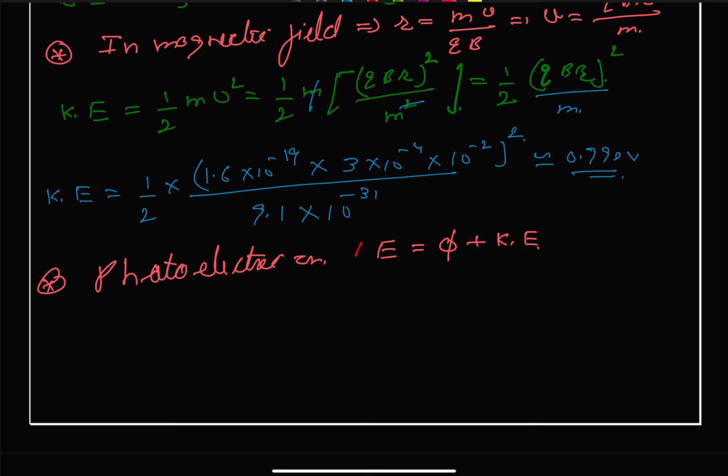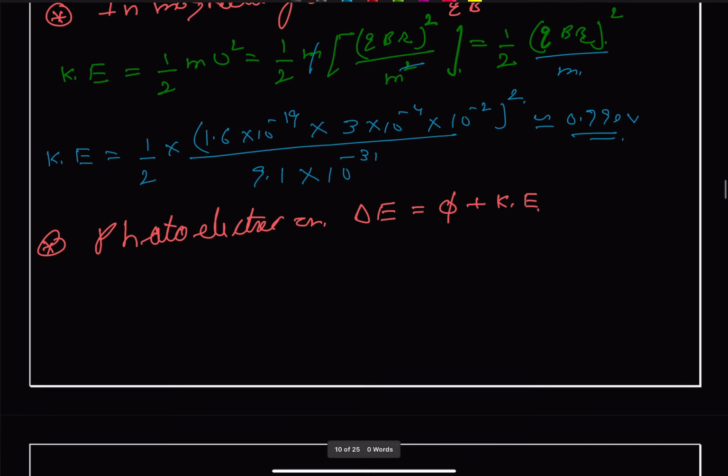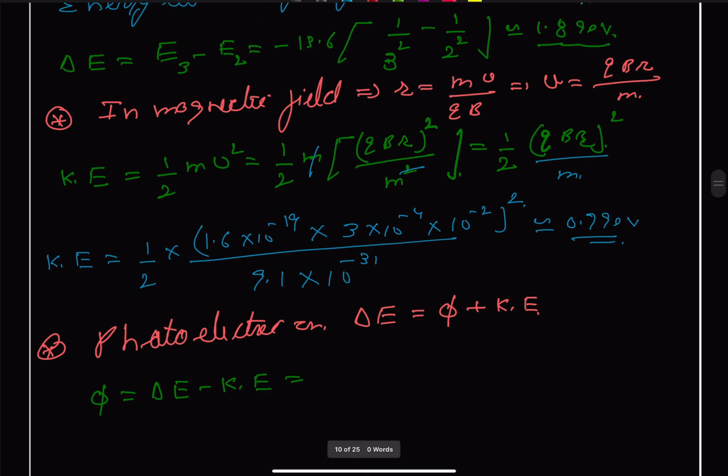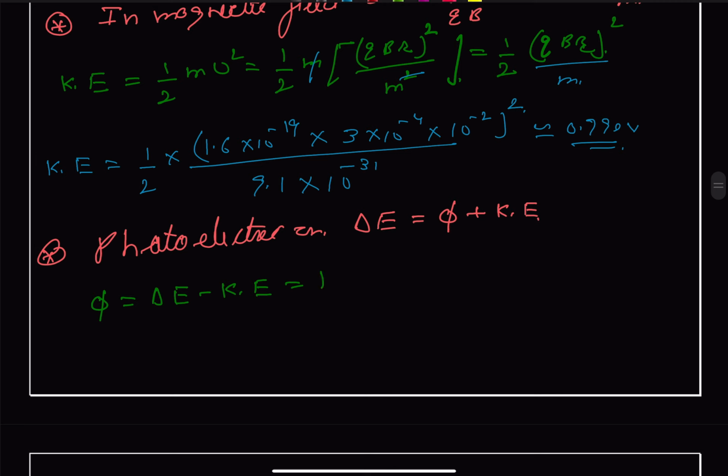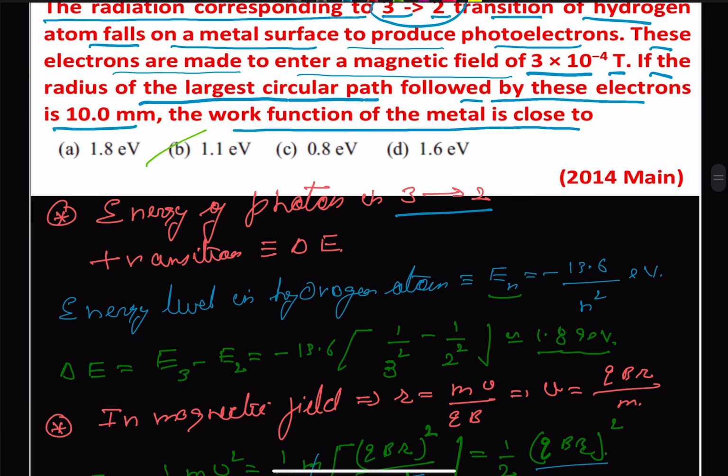Here energy is represented as delta E, so we substitute it, and therefore our work function phi will be equal to delta E minus kinetic energy, where delta E is 1.89 and this is 0.79. This gives us a work function equal to 1.1 electron volt. So option B is correct.